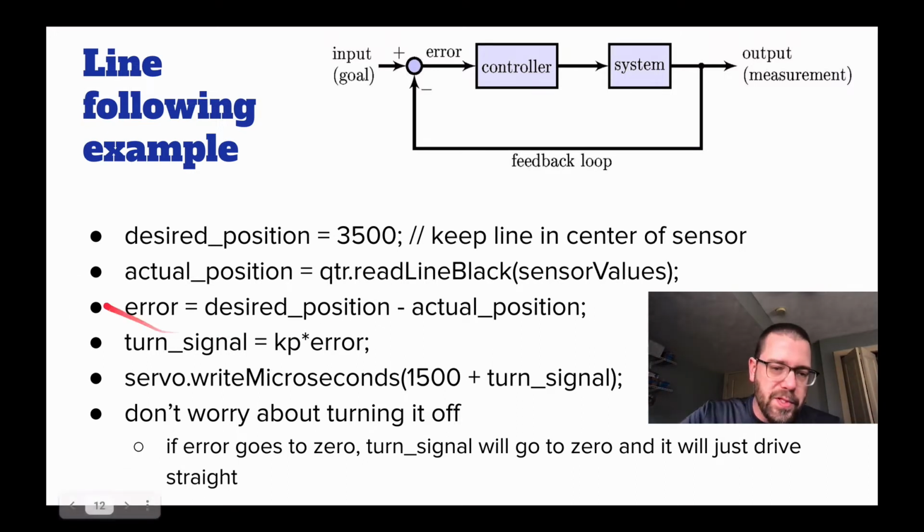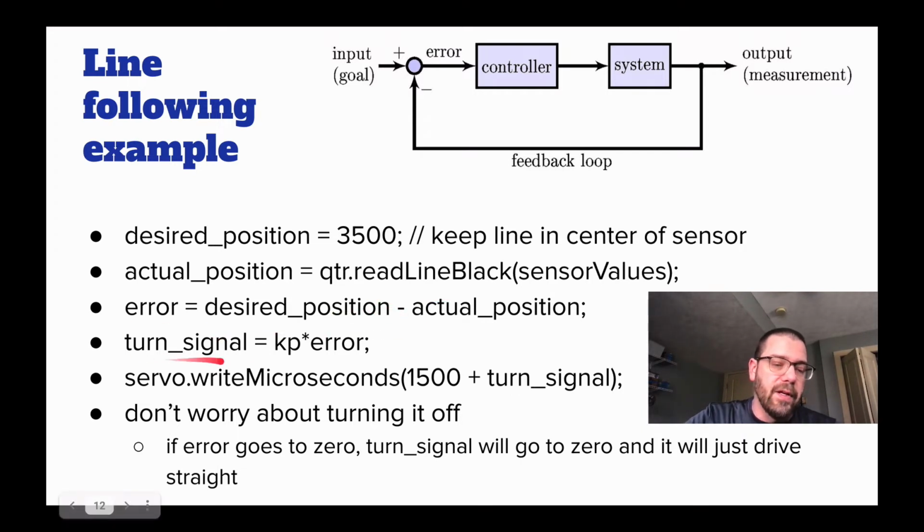My actual position is going to come from using a line from the Pololu QTR sensors library to tell me where the line is. And so this could be any number between 0 and 7,000. So my error would then be desired position minus actual position. This could be a positive or negative number.